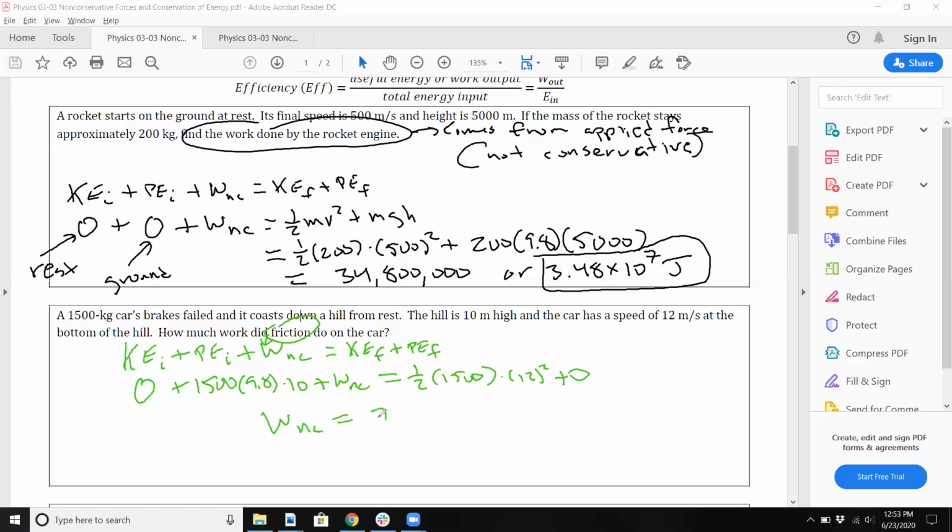That's going to be 750 times 144. At the same time, I'm going to move this stuff over to the side. That'll be 1,500 times 98. So let me get the calculator here. 750 times 144 minus 1,500 times 98. So that's 108,000.